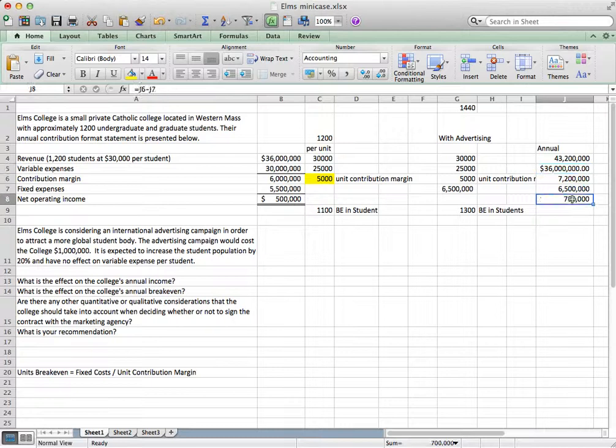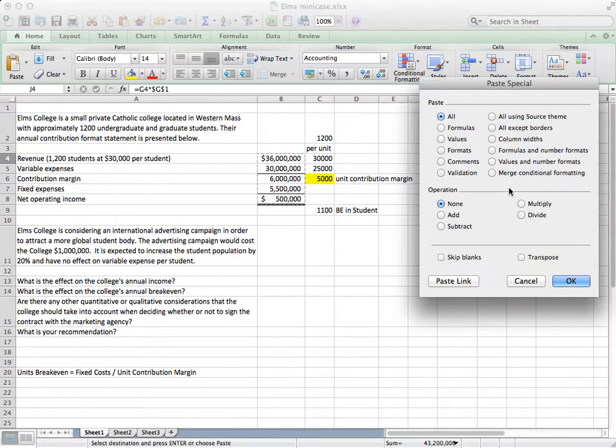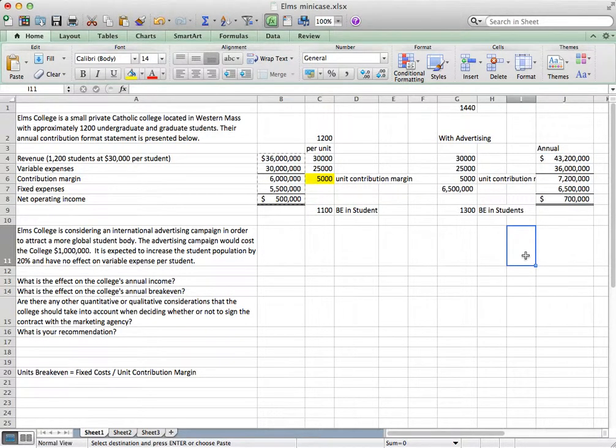I do not see. Well, let me do it this way. I'm going to take the formats over here that I like. I'm going to copy those, and I'm going to paste them over here with a paste special. And I'm going to do the formats only. There we go. All right.